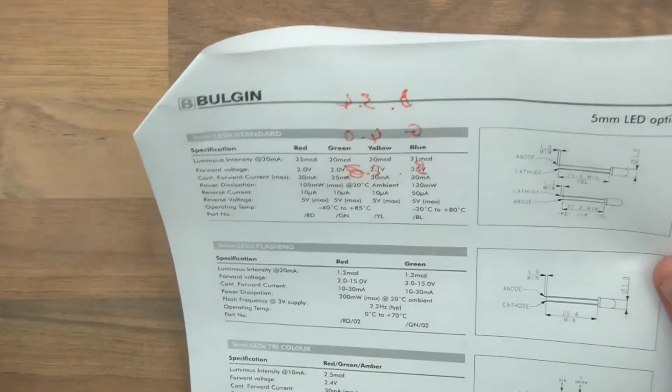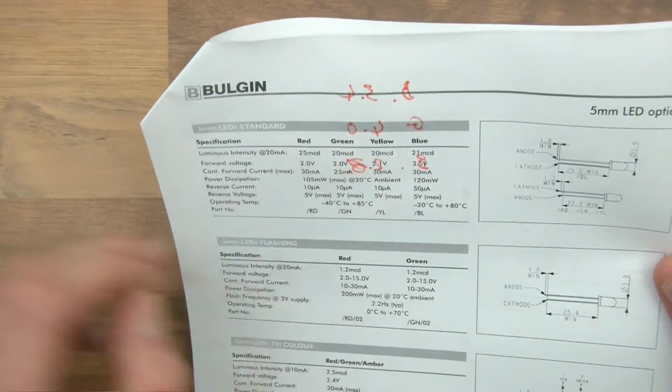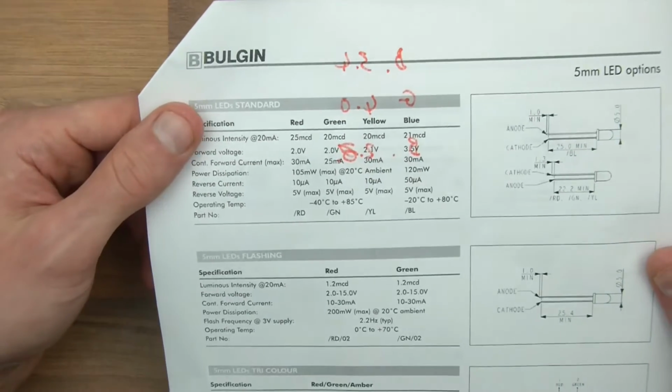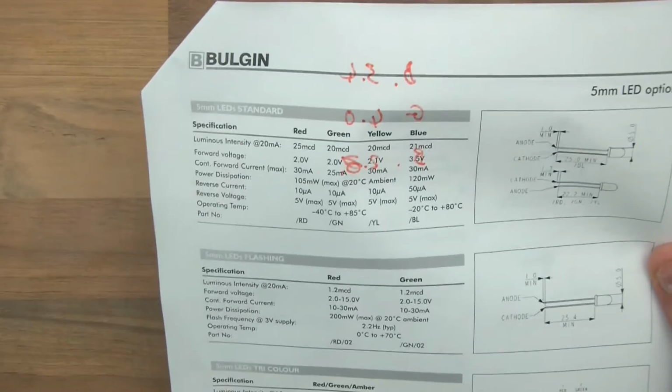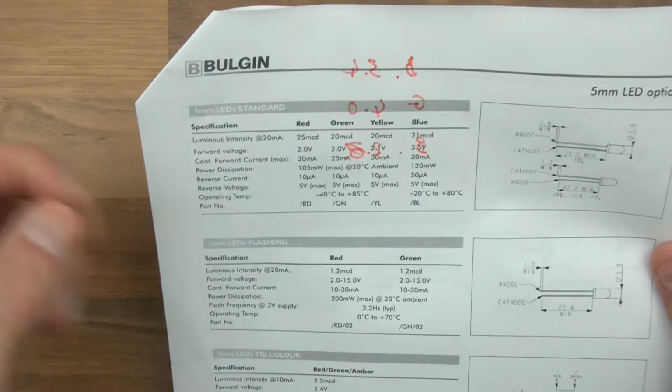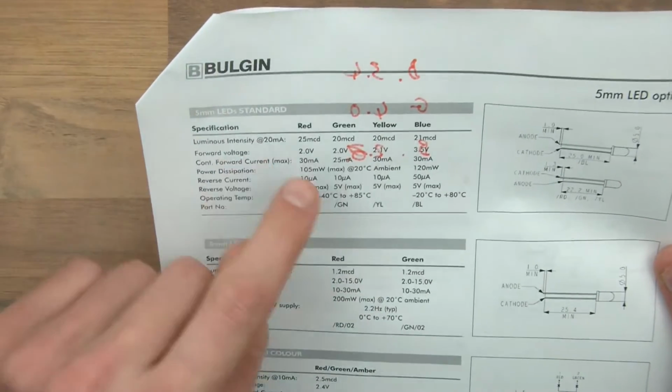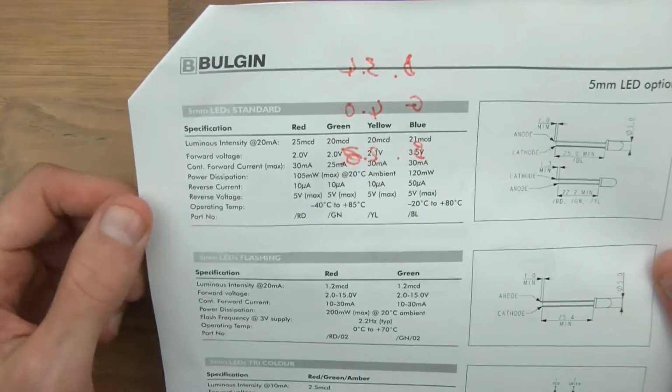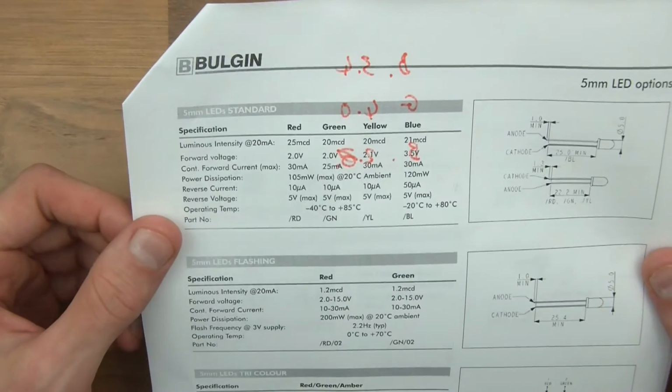Now on my particular LED, the ratings are not that. Usually the ratings are around about 20 to 30 milliamps for pretty much all of these types of LED. But the forward voltage is different for each colour of an LED.